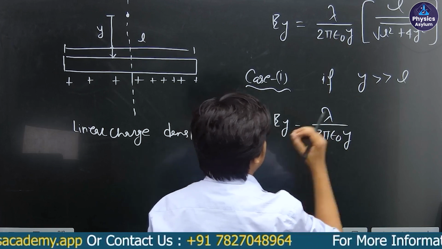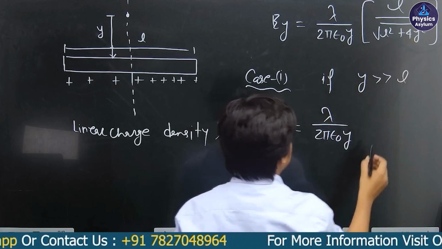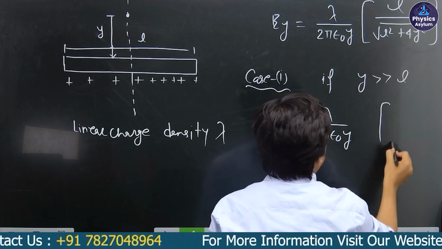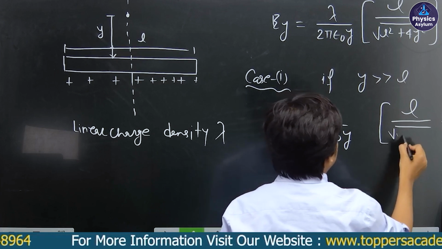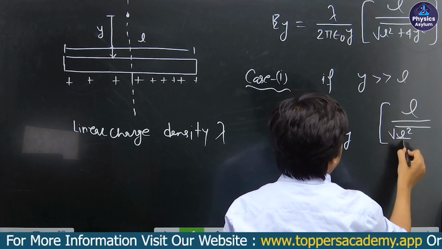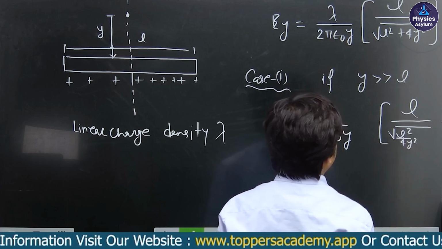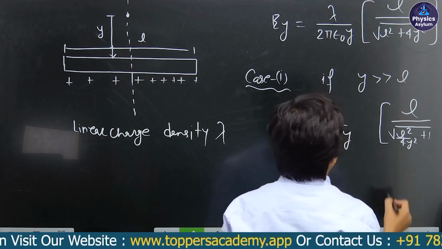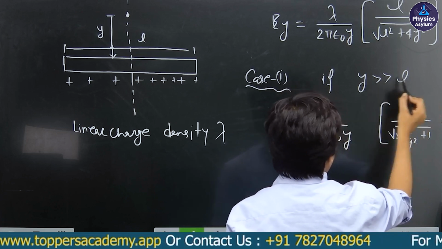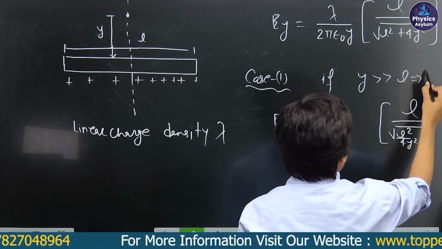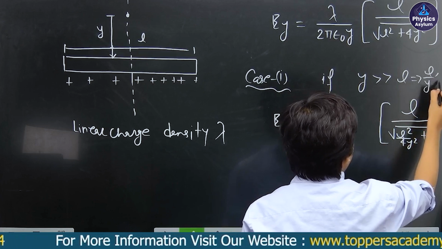Okay, I can take 4y square common from here, so I will be left with, in the square root, L square divided by 4y square plus 1. From here I can see that if y is much greater than L, then L over y is much less than 1.